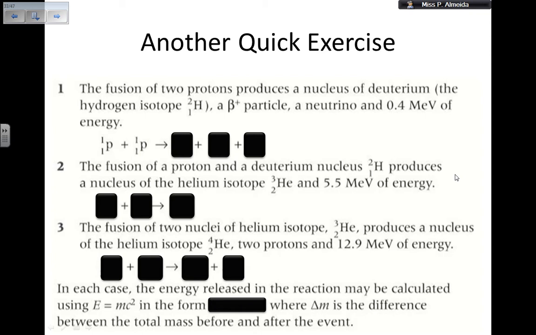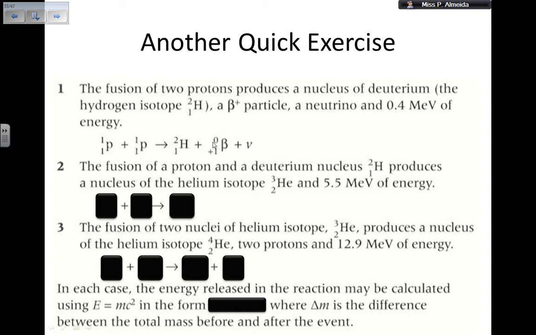So proton, the atomic number is the number of protons, so it's 1, 1. Mass number is the atomic number plus the number of neutrons. So because I have no neutrons there, it's still 1, 1. It gives me the isotope deuterium, here it is. It gives me a beta plus particle, here it is. And it gives me a neutrino, which is right here, okay?